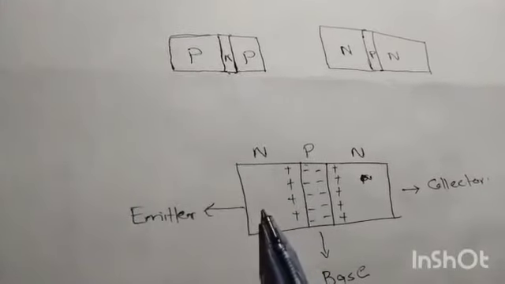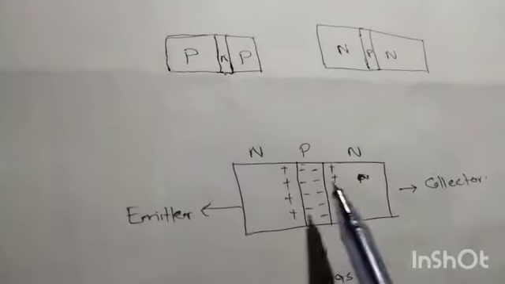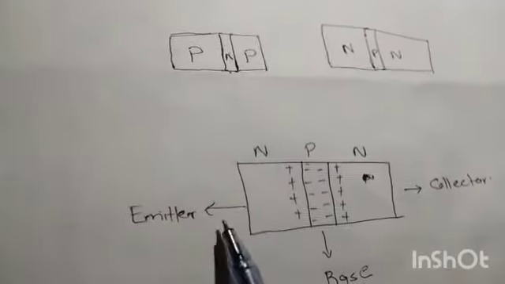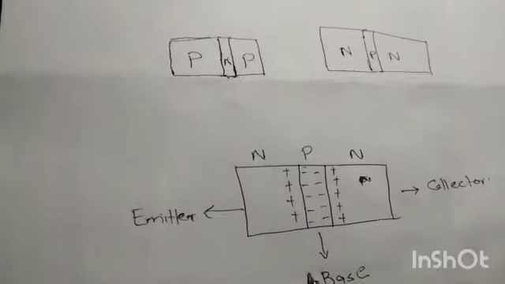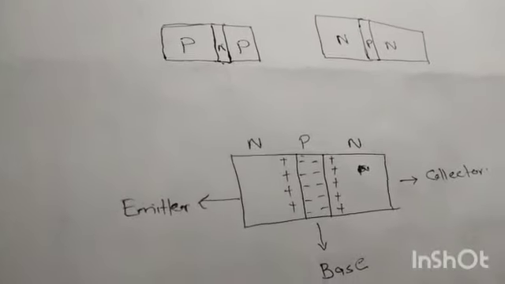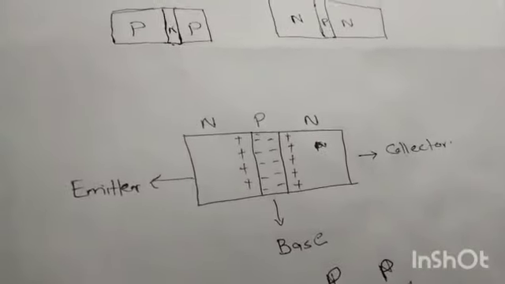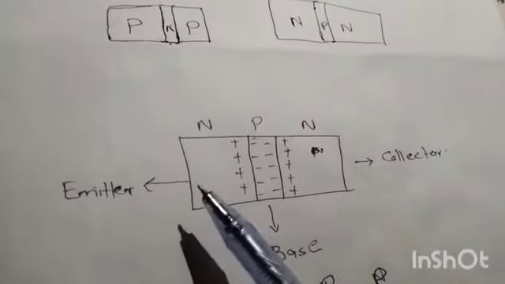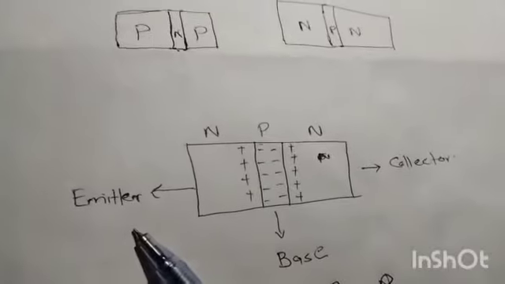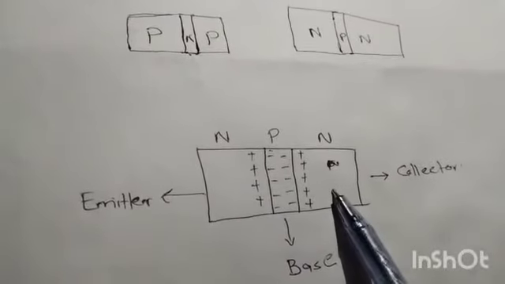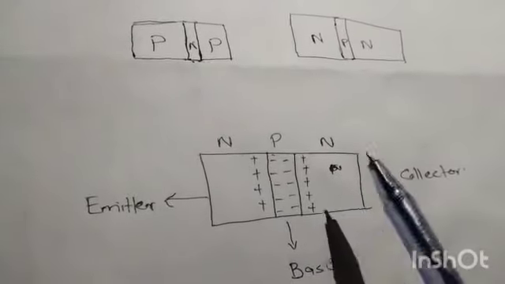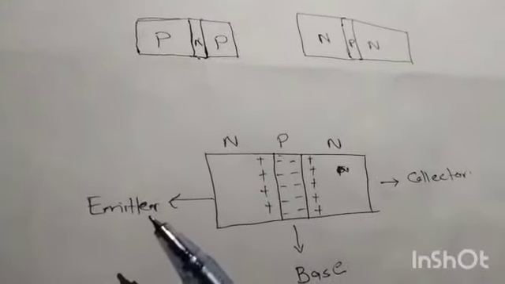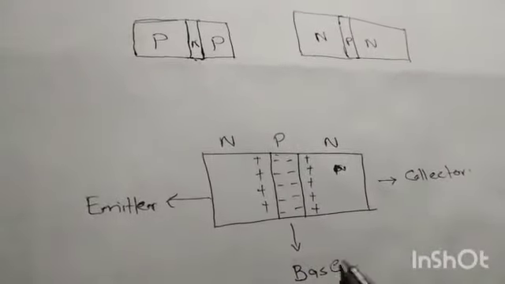The impurity you add inside the emitter is greater as compared to the base as well as the collector, but its size is greater than the base and smaller than the collector. The size of the collector is larger as compared to the base as well as the emitter, but the doping concentration in the collector is smaller as compared to the emitter as well as the base.